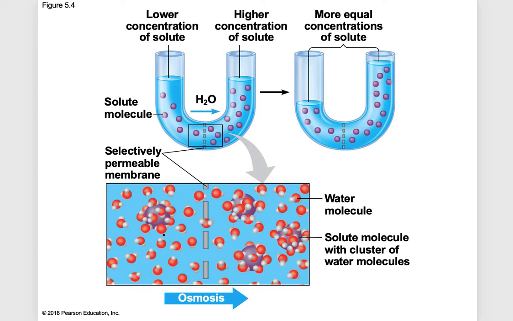For example, imagine two little test tubes. We have a lower concentration of solute on the left-hand side, and a higher concentration of solute on the right-hand side. In the middle there is a selectively permeable membrane, meaning it only allows certain things to cross through.